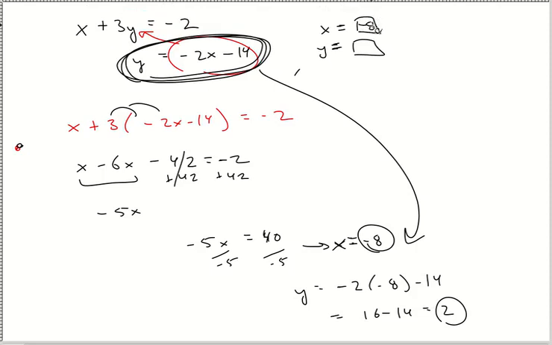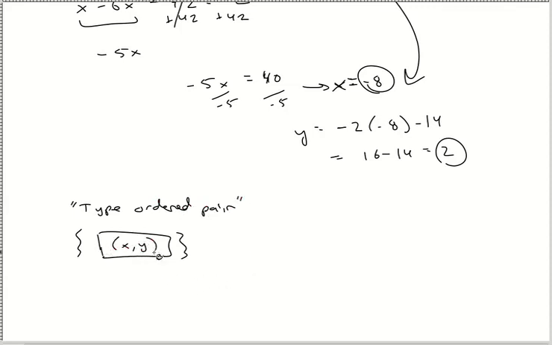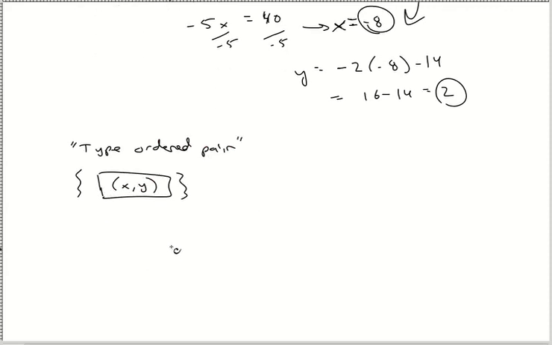Negative 8 and 2. That is not how my math lab wants the answer. Let me show you. They've got curlies with a box, and they say type an ordered pair. So what do they mean by that? They mean parentheses, x comma y, close, like a point form.